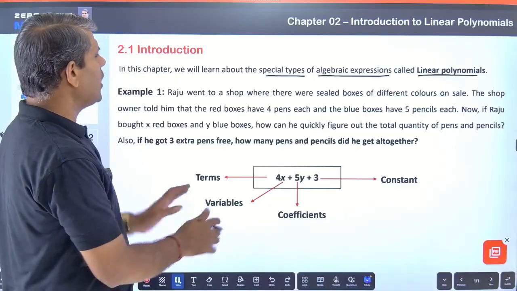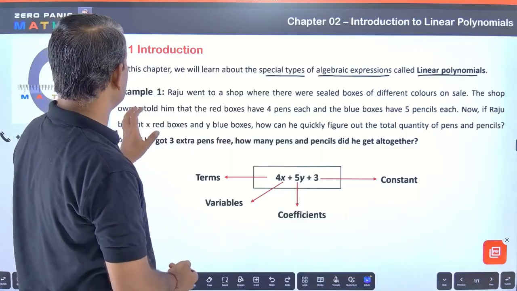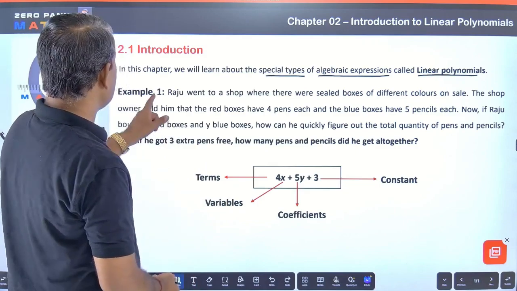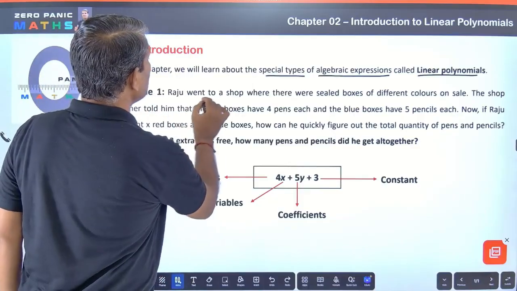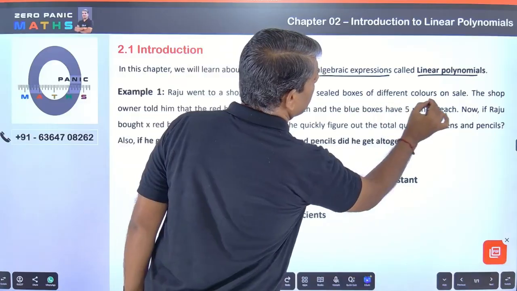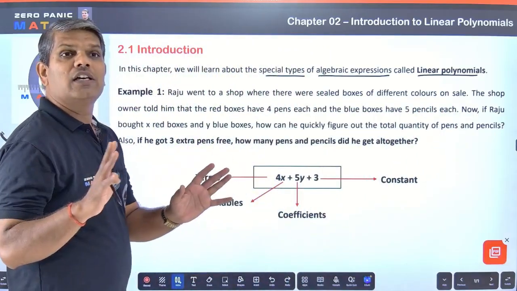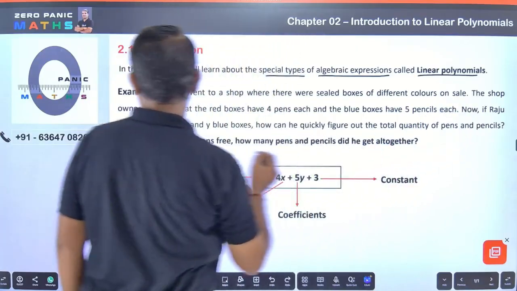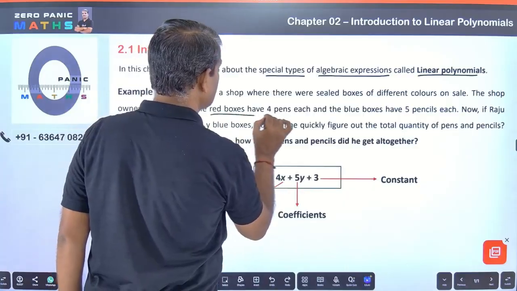Okay, now to understand the introduction of a polynomial, let us simply start with a simple example. Example 1, read it carefully. Raju went to a shop where there were sealed boxes of different colors on sale. The shop owner told him that red boxes have 4 pens each.